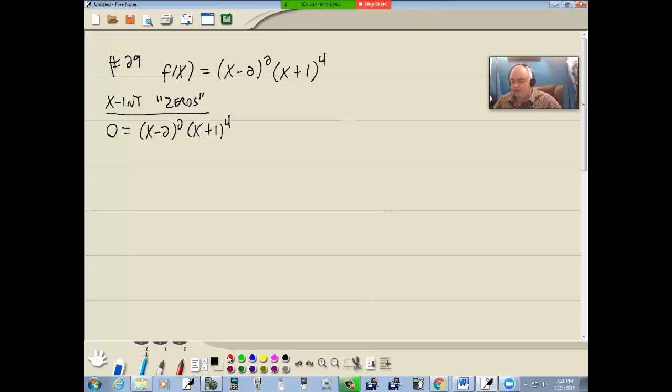Now it's already factored, so that works out well. We're going to set each factor equal to 0. So I'll set x minus 2 equal to 0, and I'll set x plus 1 equal to 0. So that gives us x equals 2, and x equals negative 1. And those are our zeros, or our x-intercepts. Now our multiplicity, again, that's whatever power is up here. And this one had a power of 2, and this one had a power of 4.